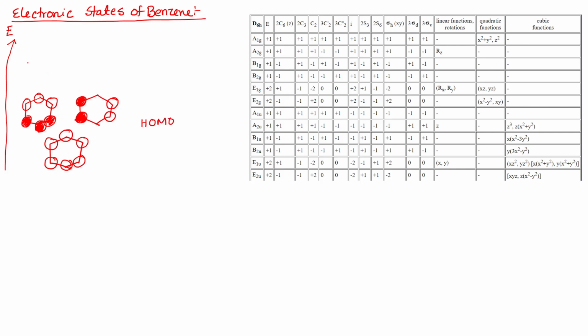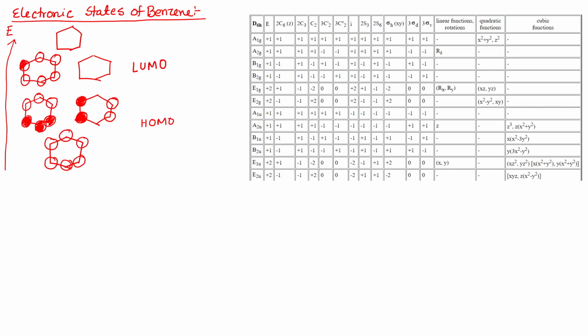I will come back to this, because you have 6 pi electrons, right? So two will be here, two will be here, two will be here, and this is your HOMO, and this I am drawing will lead to possible excited states, which can be your HOMO, and there is another one. I will draw all of them. Here your nodal planes should be 2, right?